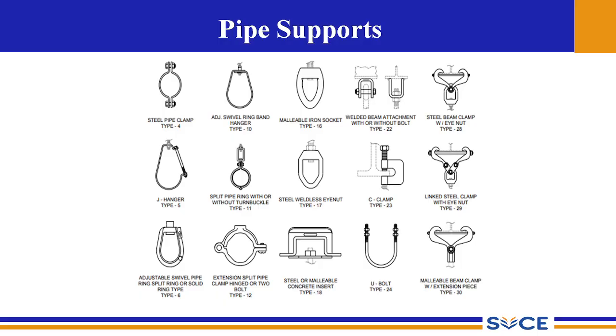Then type 11 is a split pipe ring with or without a turnbuckle arrangement. This is for the suspension of horizontal pipelines, permitting the installation before or after the pipe is in place. The turnbuckle adjustment can provide that even before installing the pipeline, you may install the support.